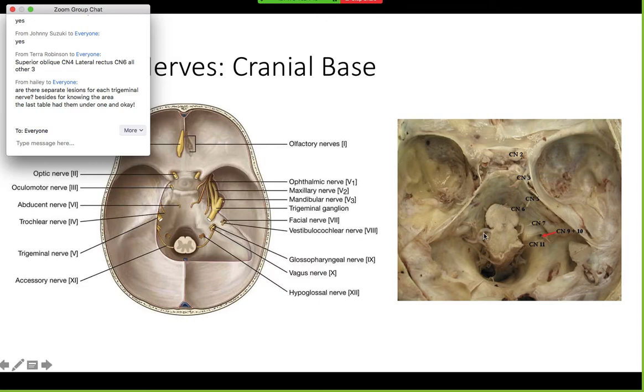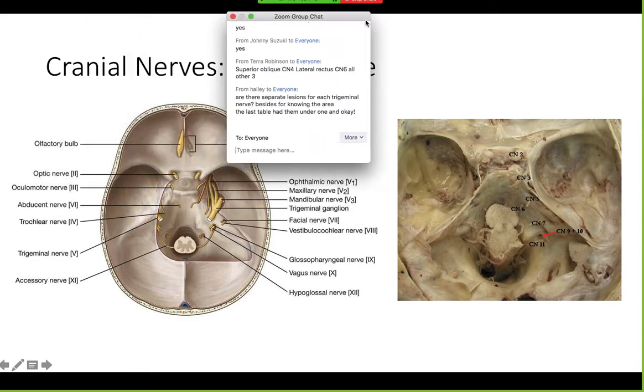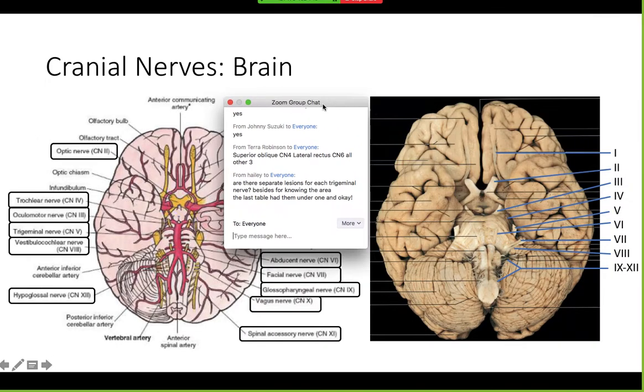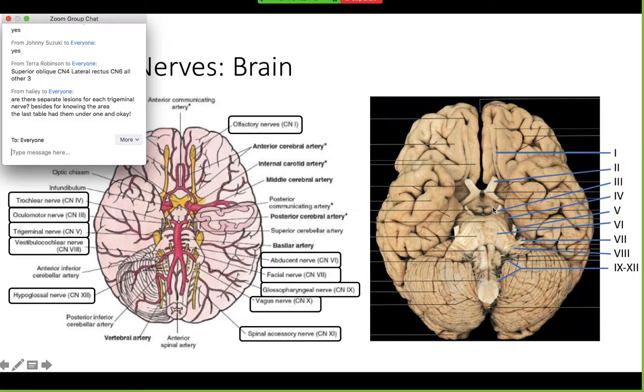If there's a body that has the nerves intact, showing them entering the foramina, then they could definitely tag it like this, wrap a string around one of these and ask you what nerve it is. They definitely did that last year. And then also they're going to tag the cranial nerves on the brain itself.